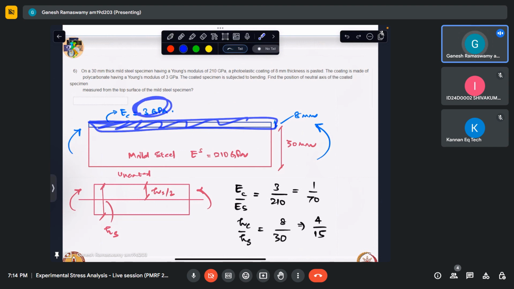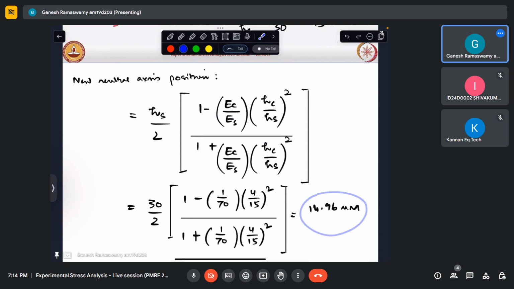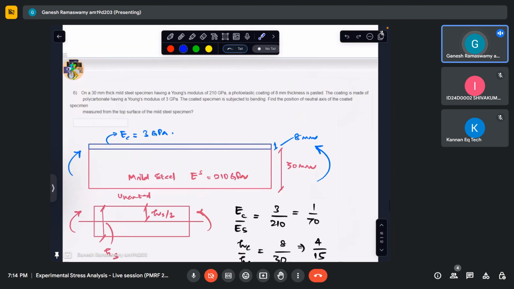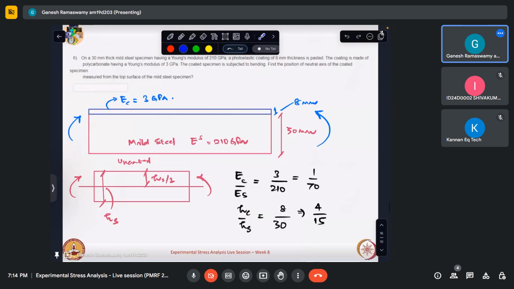It is barely pulling it, but it has still pulled it. And essentially, this is what we want, because we don't want it to get pulled too much, which would imply that the coating has a reinforcing effect. So the actual stiffness of the transformed section is almost similar to that of the uncoated section, which serves our purpose. This is the actual neutral axis depth from the top surface of the specimen. So I hope that is clear.